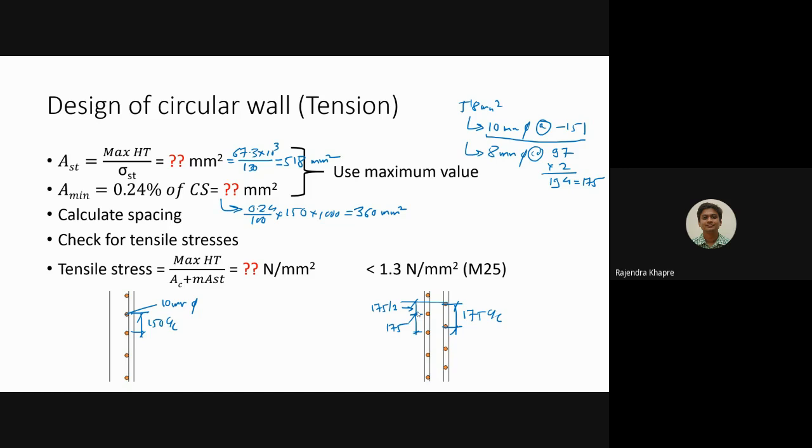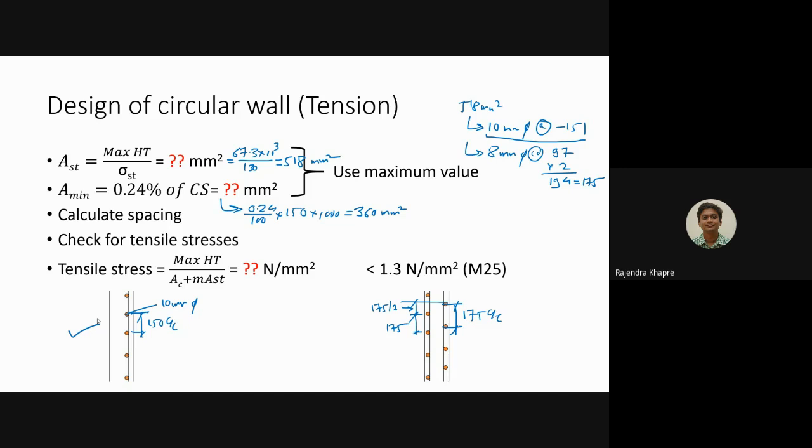Okay, so for the time being, let us finalize this, that is 10 dia bars at 150 center to center. So you can see these circles which are there, those represent the 10 dia bars at 150 center to center.